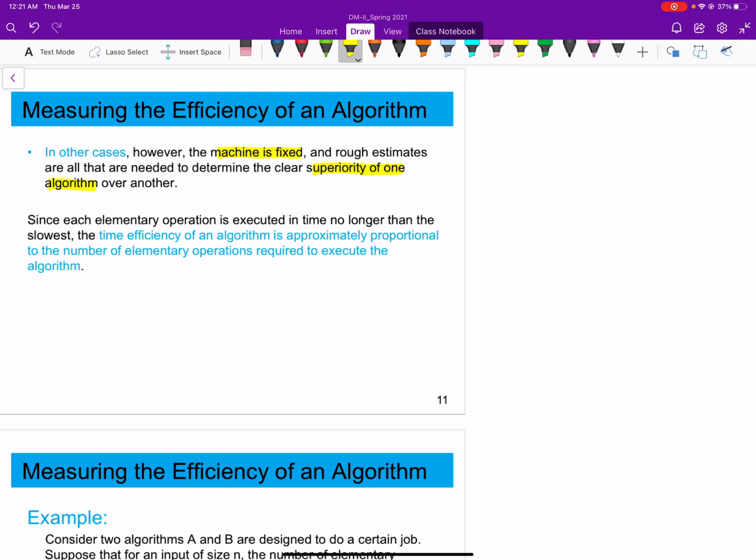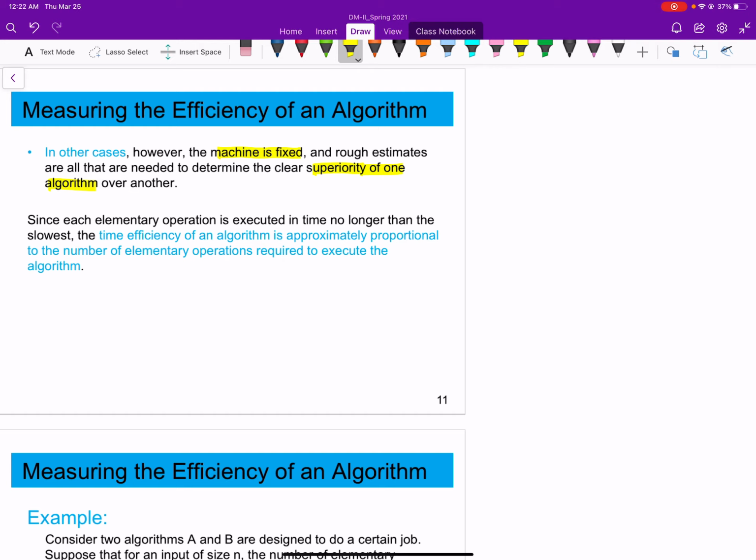Since each elementary operation is executed in time no longer than the slowest, the time efficiency of an algorithm is approximately proportional to the number of elementary operations required to execute the algorithm. So we assume that each computer requires a specific time to perform one elementary operation.